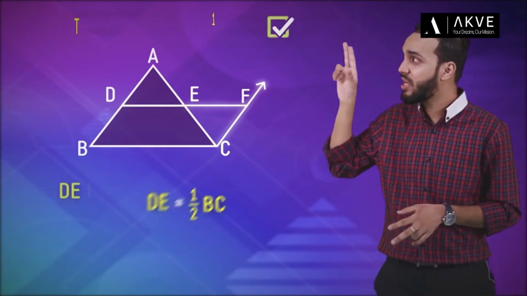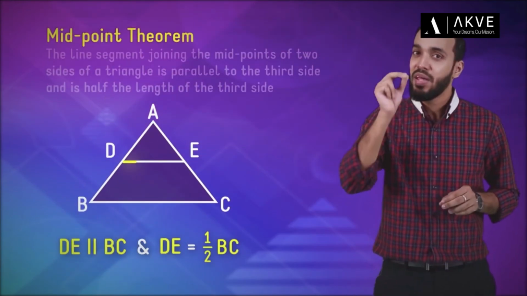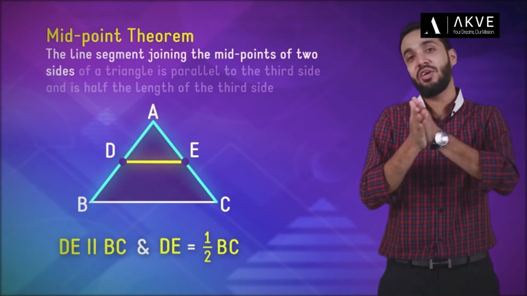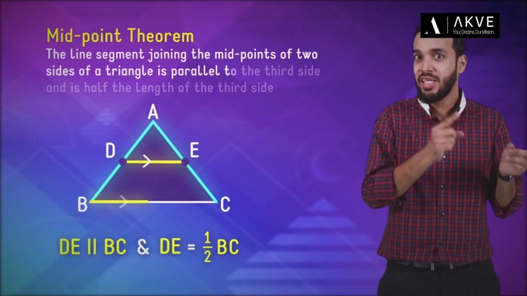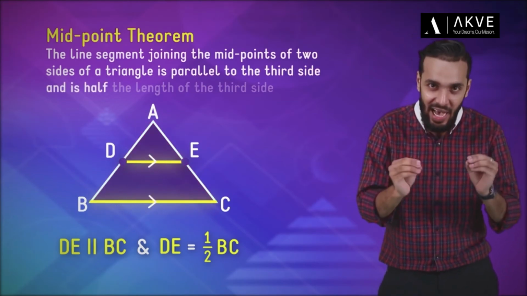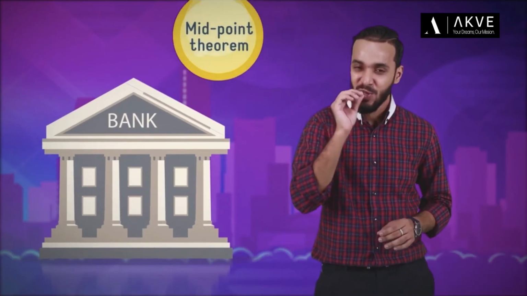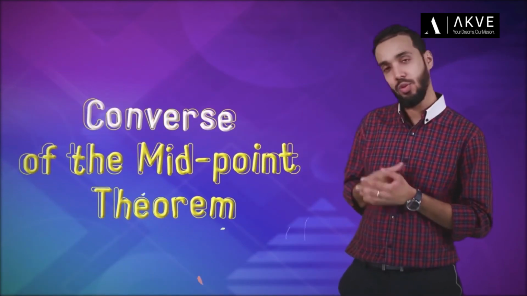We finally proved the theorem which says that the line segment joining the midpoints of two sides of a triangle is parallel to the third side and is half the length of the third side. Whoa! I agree that this was a pretty long video, but I am sure it would add to your knowledge bank exponentially. However, we are yet to see if the converse of this theorem holds true.